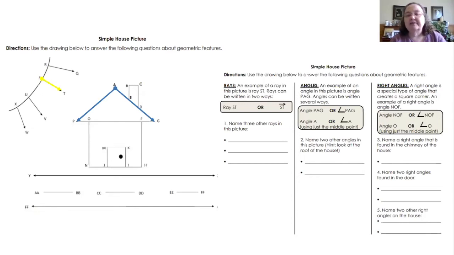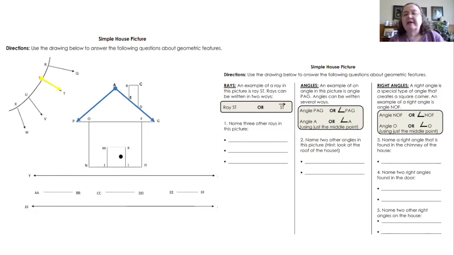So right now it says, name 2 other angles in this picture. Hint, look at the roof of the house. Now, like I said, if you need more time, just push pause.